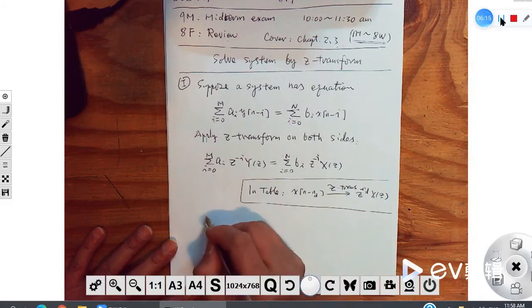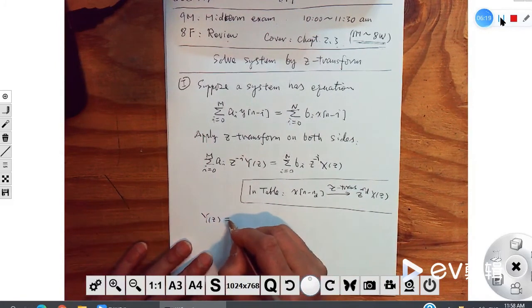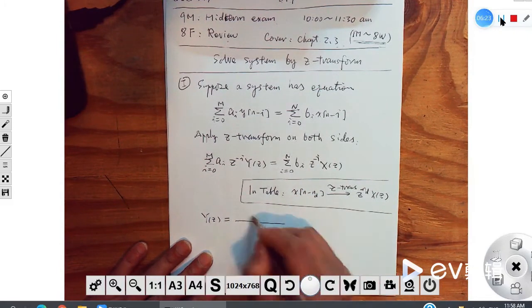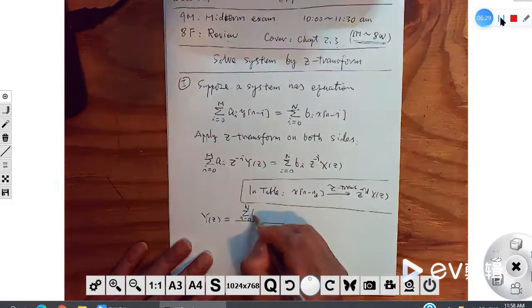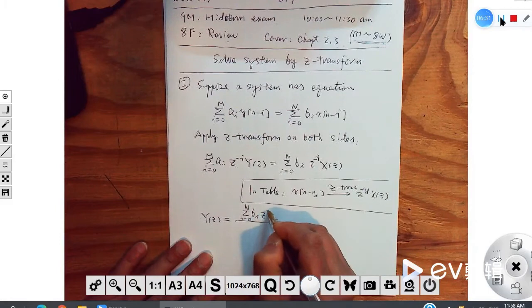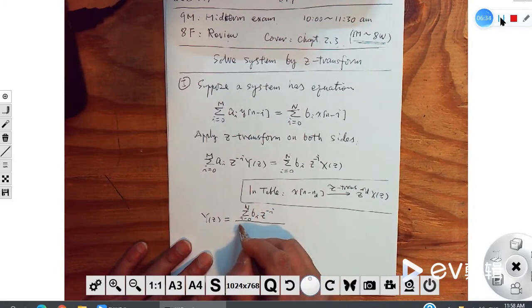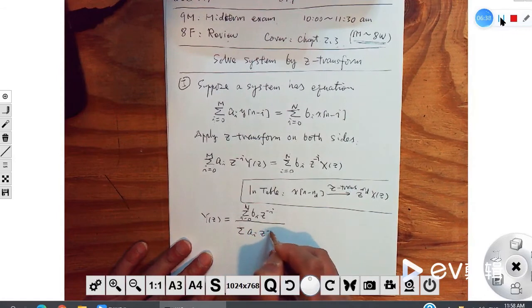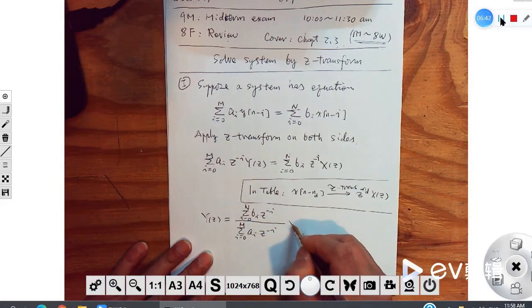Then we make some changes to this equation. We write it as Y equal to something times X. This something is the summation of all the b_i terms with z to the negative i in the numerator, and the denominator is the a_i terms with z to the negative i, times X of z.